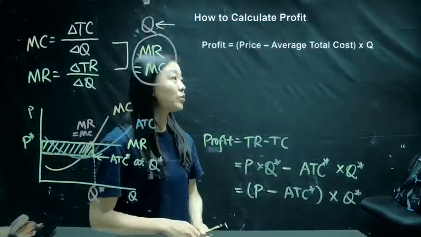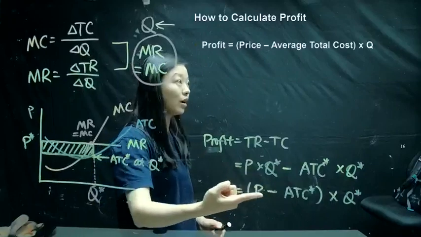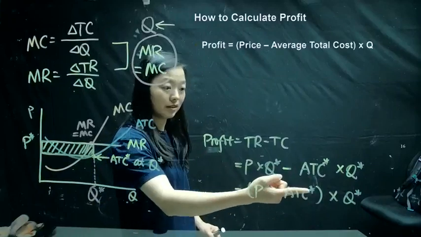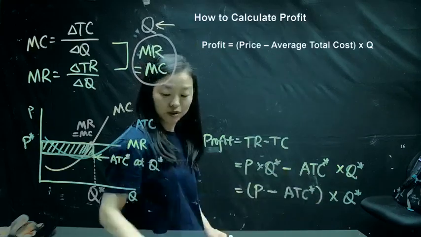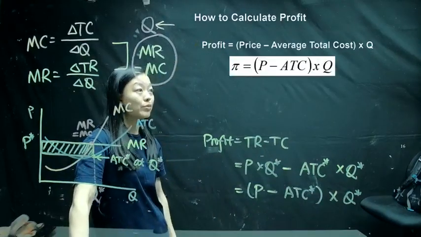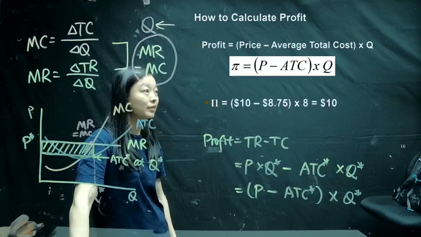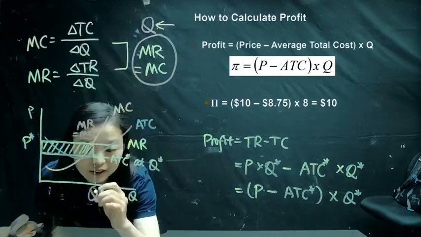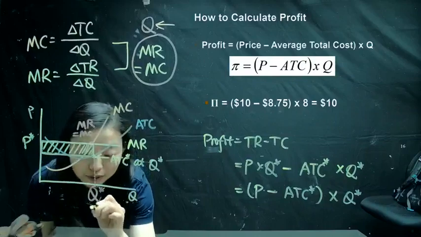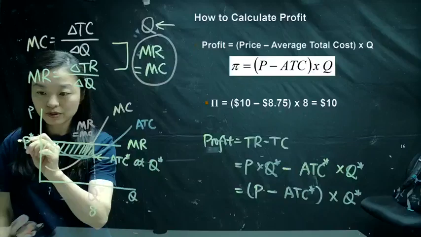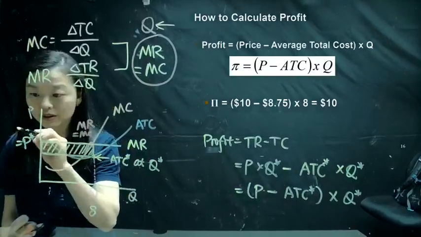So profit equals price minus average total cost at Q star, times Q star. This is the way that we can compute profit. In this case, we have the quantity equal to 8 units, and the price is $10.